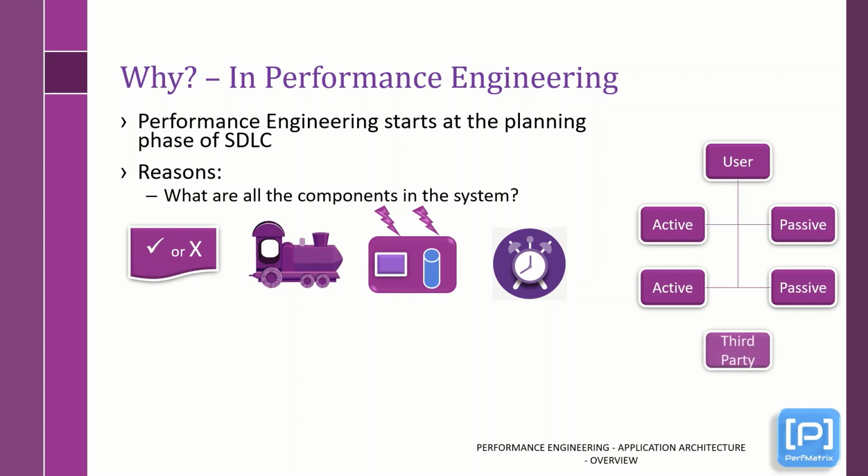Many times third-party components are integrated with the core components. In that case, a performance engineer must ensure the performance of the third-party application, because its performance contributes to the overall performance of the system.